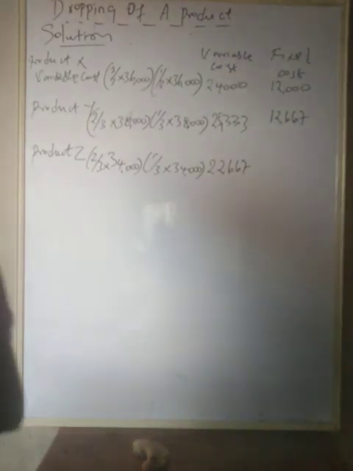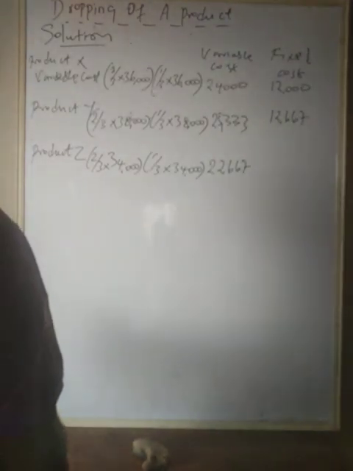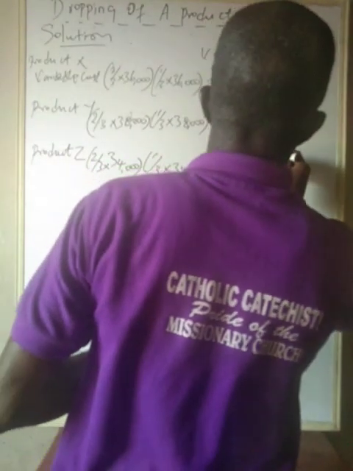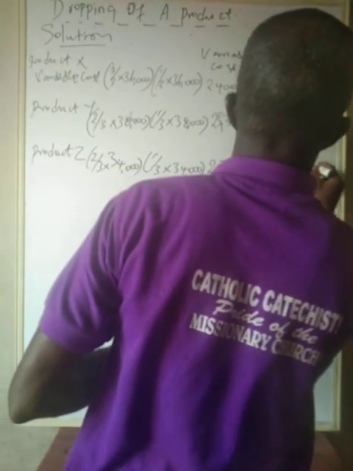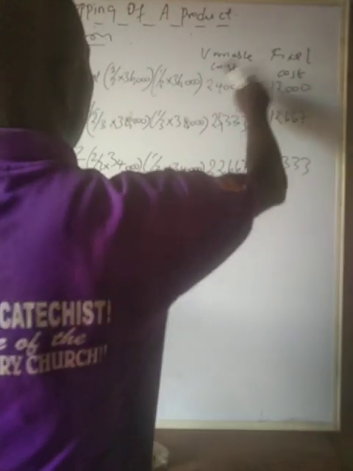And for product S, 34,000 minus 22,667, and that gives you 11,333. That is the separation of variable cost and the fixed cost.